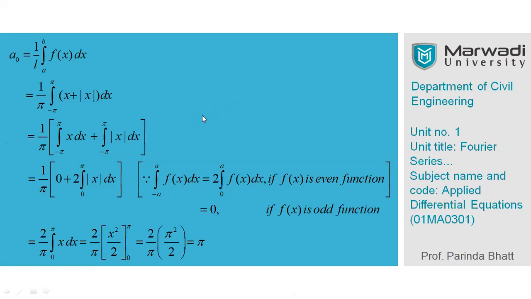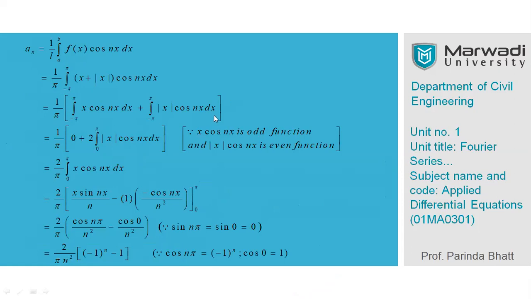Now an, the same way. Separate both the terms, cos nx and x. Now x is an odd function, cos nx is an even function, and multiplication of odd into even is odd. Therefore this whole function is an odd function.